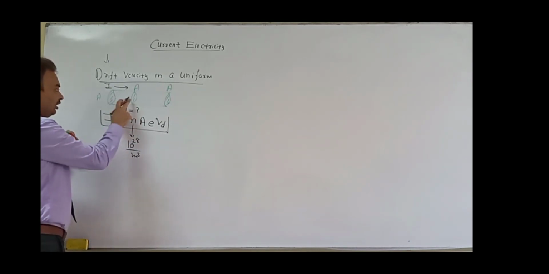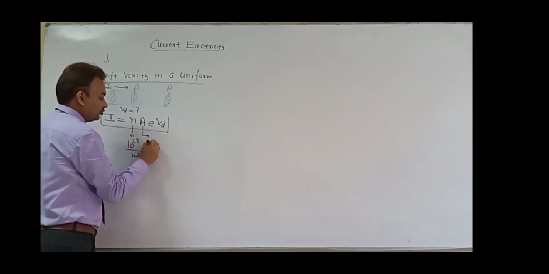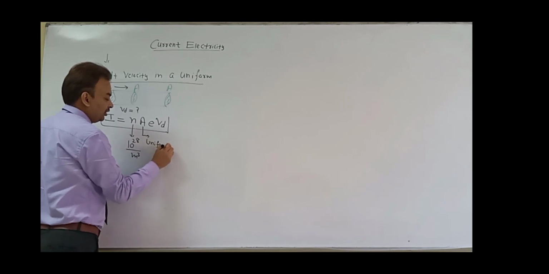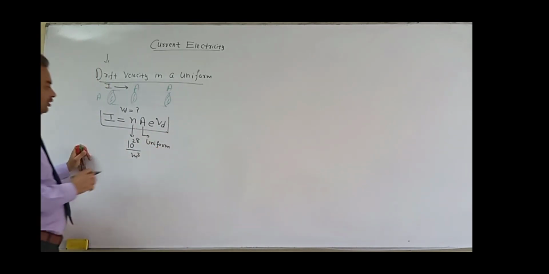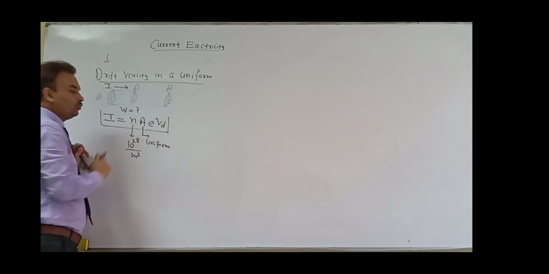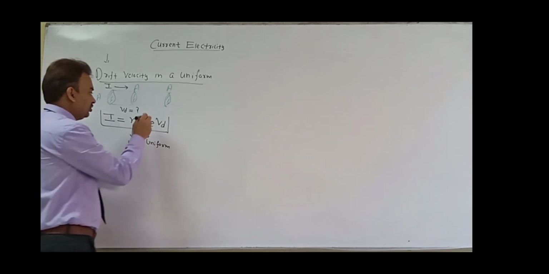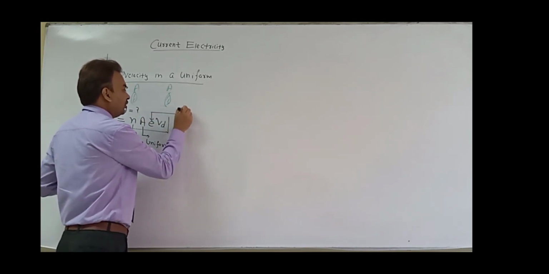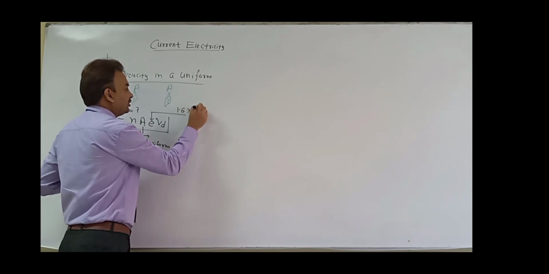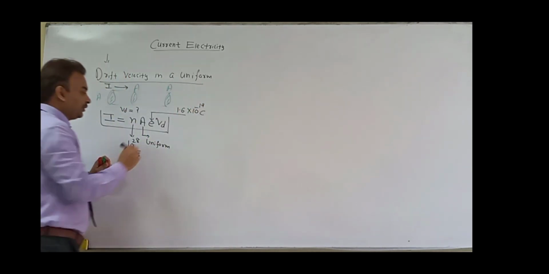Area is given as A, it's a uniform area, right? And E is the charge on the electron. We can use Q also here, we can replace E with Q. So the charge on the electron is equal to 1.6 into 10 raised to the power minus 19 coulomb. And Vd is the drift speed, right?